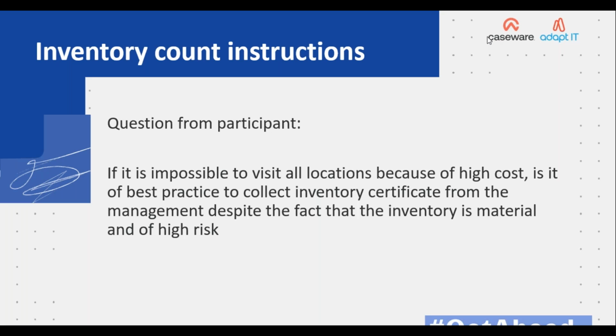So now, how would you use that evidence with that management representation, that certificate signed by management? How will you be able to say that you're confident, using your professional judgment and skepticism, that the process and control procedures are working?